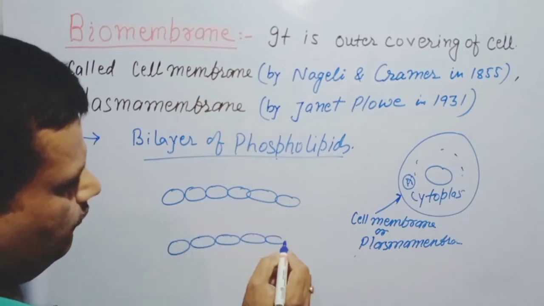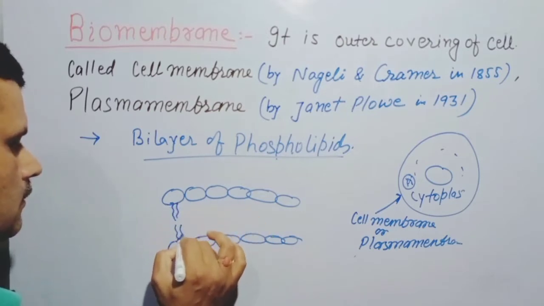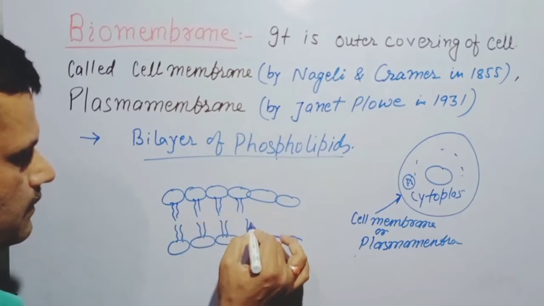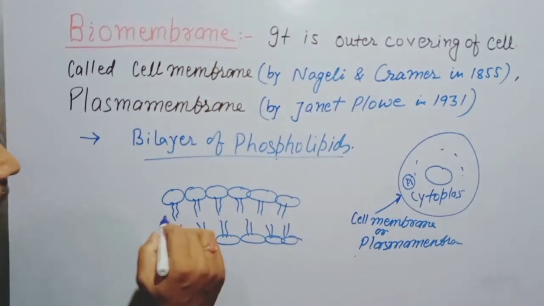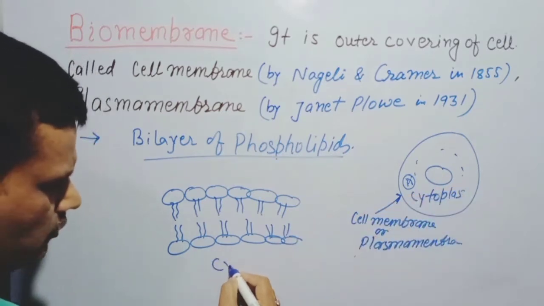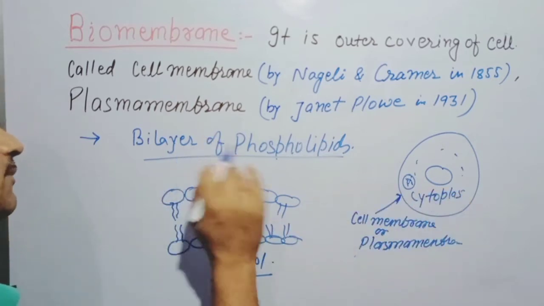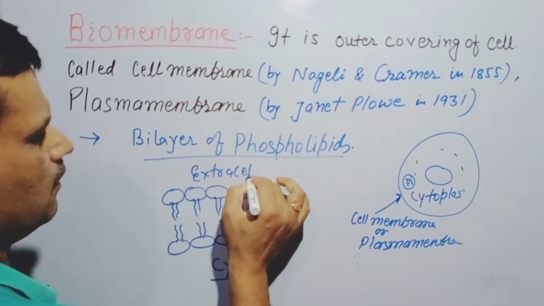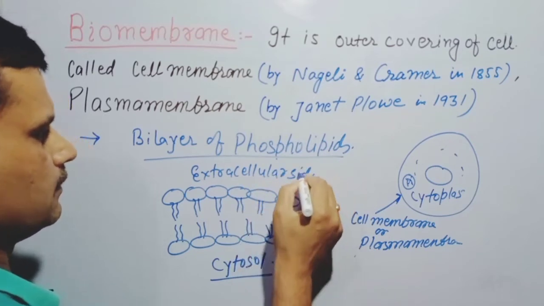This is the structure of a phospholipid, with this type of orientation of the phospholipids, along which this is the inner side, which is called the cytosol or cytoplasm, and this one is called the extracellular side.